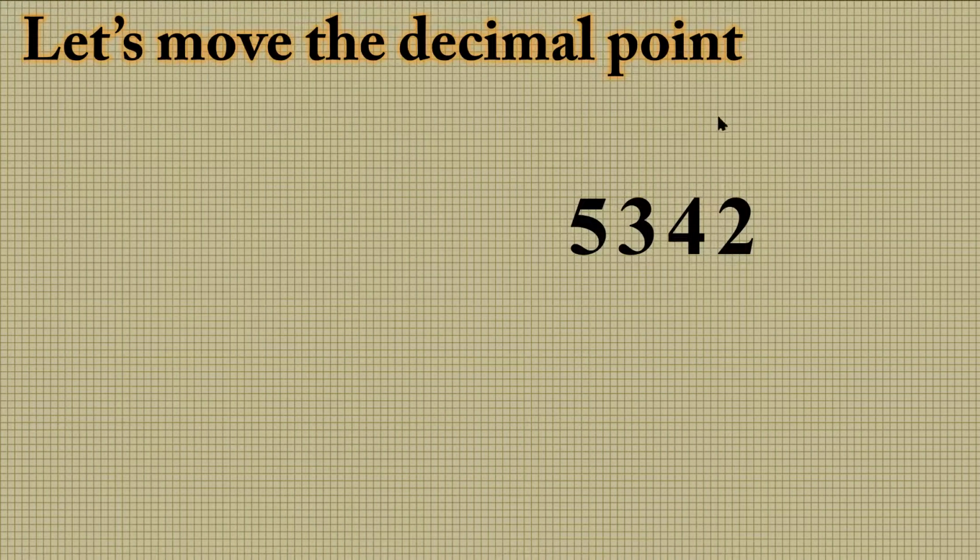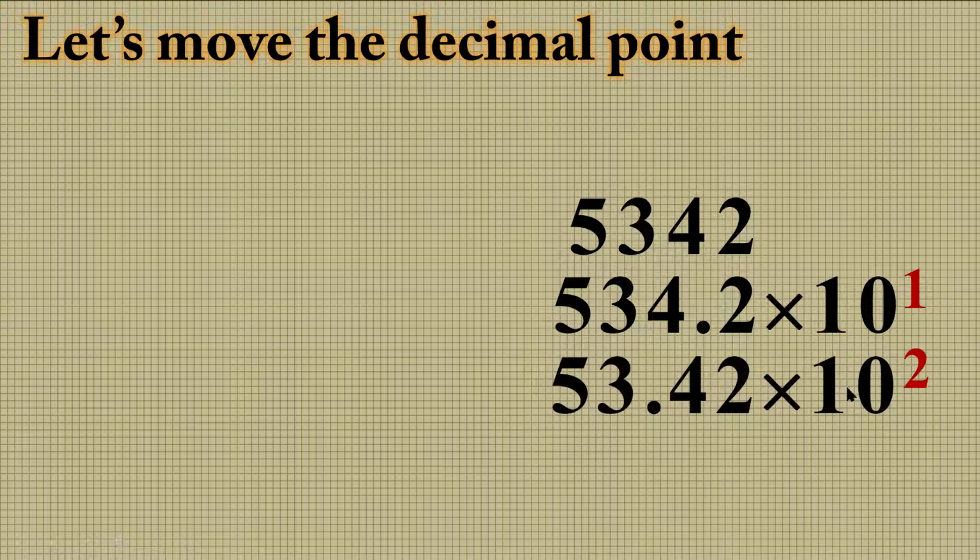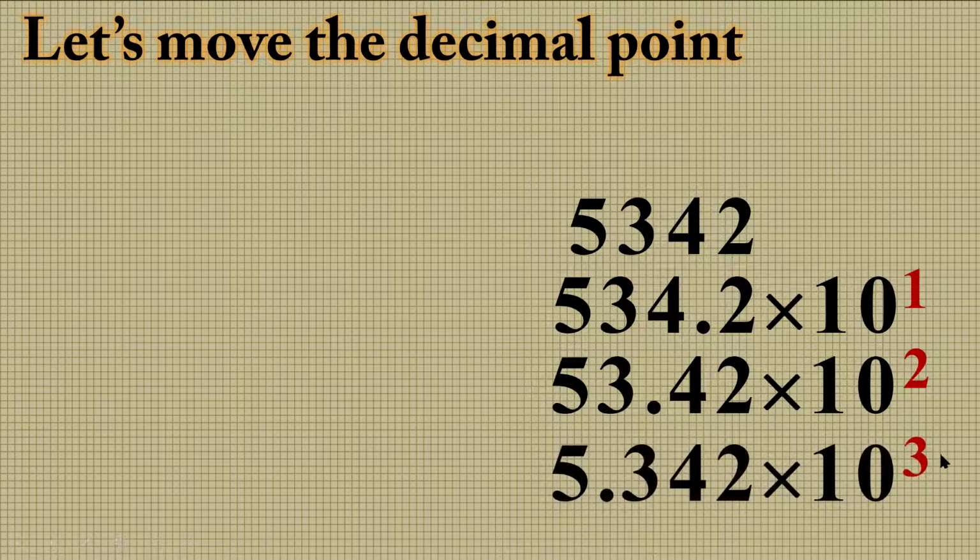Let's move the decimal point in this example. This is a 4-digit number and the last right digit is 2. By default, I can put a decimal point on the right side. And if I displace that decimal point one step to the left, the exponent will be 1. And if I do that again, it will be 10 to 2. If I do that again, it will be 10 to 3.